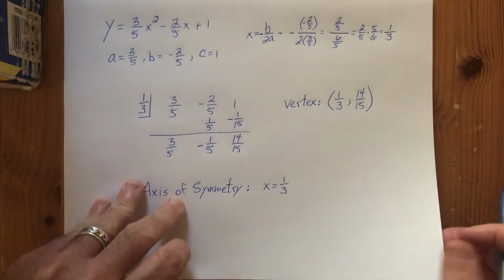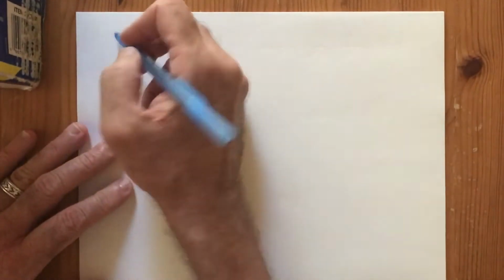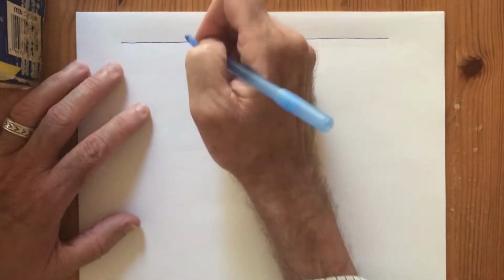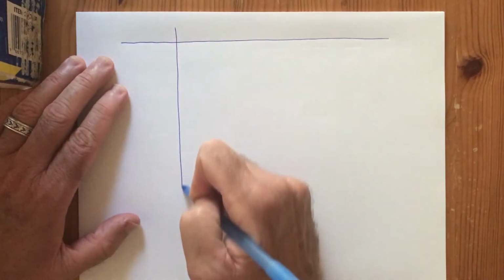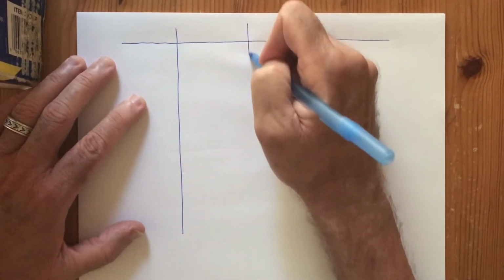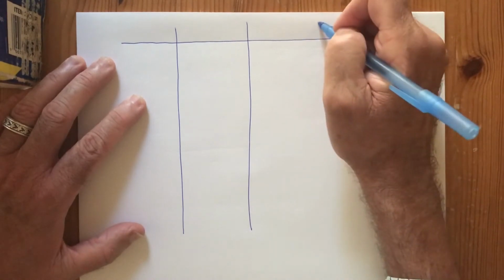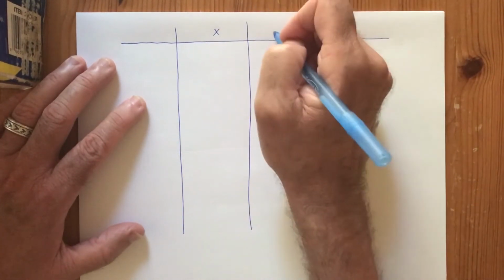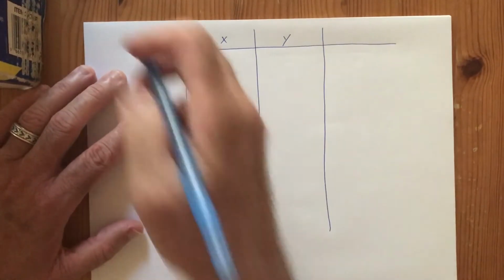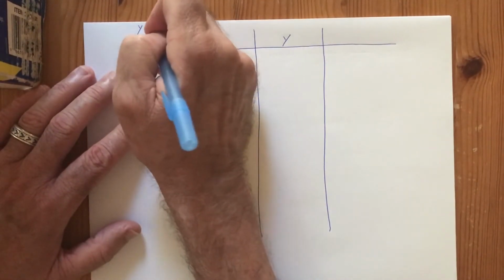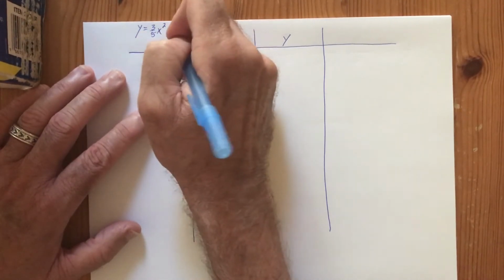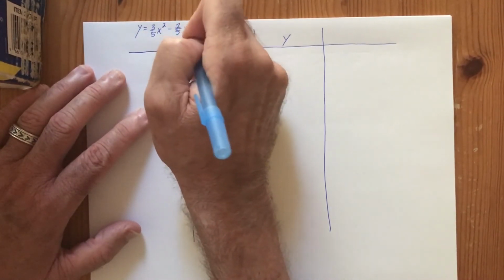So in the next step, we're going to make a t-chart to plot 7 points that will help us draw a graph of this particular parabola. We are going to make 4 columns, and our parabola was y equals 3/5 x squared minus 2/5 x plus 1.